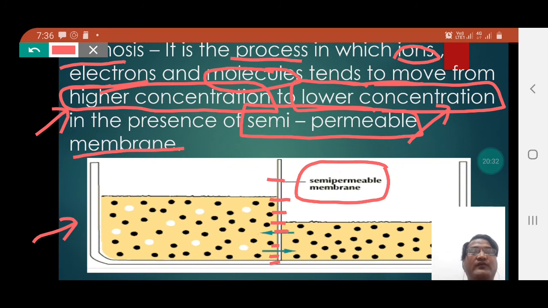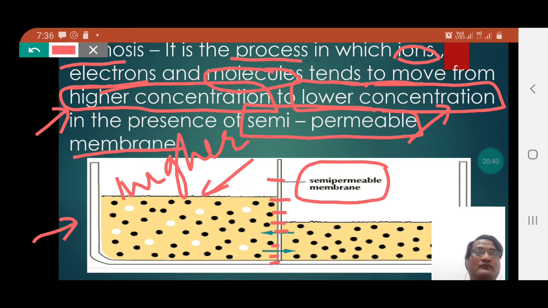So students, here we can easily notice that there is a higher concentration of the fluid. So the fluid will tend to move from higher concentration to the lower concentration.